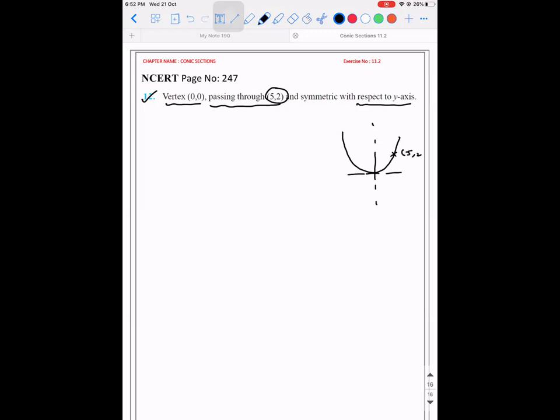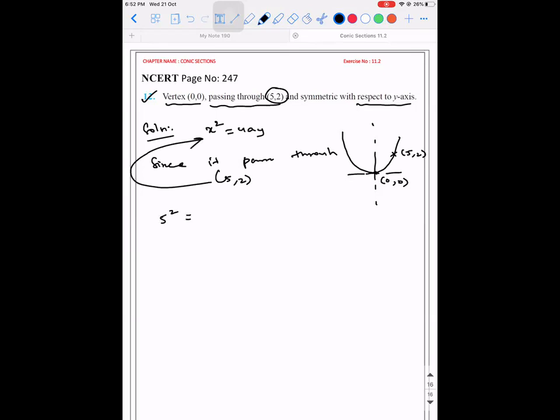This point is 5, 2 and this point is 0, 0. x square is equal to 4ay. Since it passes through 5, 2, take this point and substitute it here.